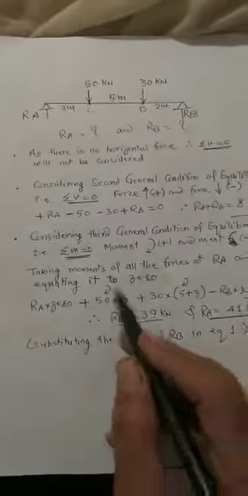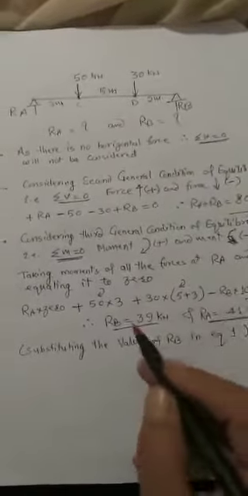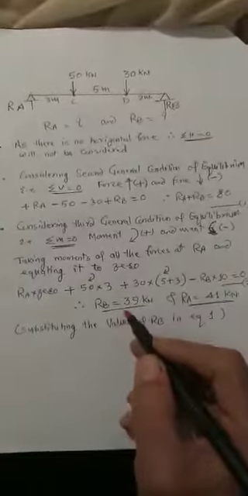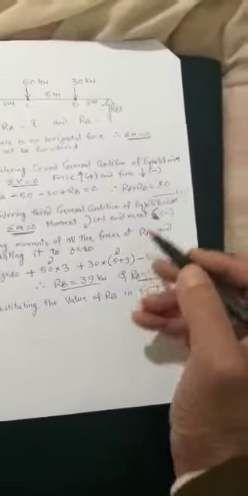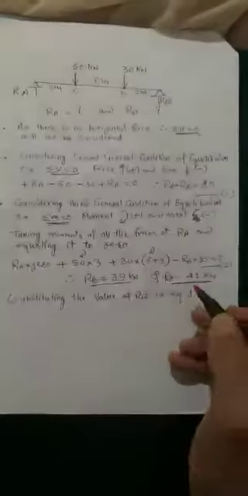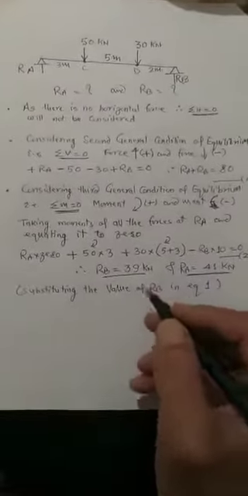From equation number 2, we can find the value of Rb. It comes out to be 39. Substituting the value of Rb in equation number 1, we find the value of Ra, which comes out to be 41 kilonewton.